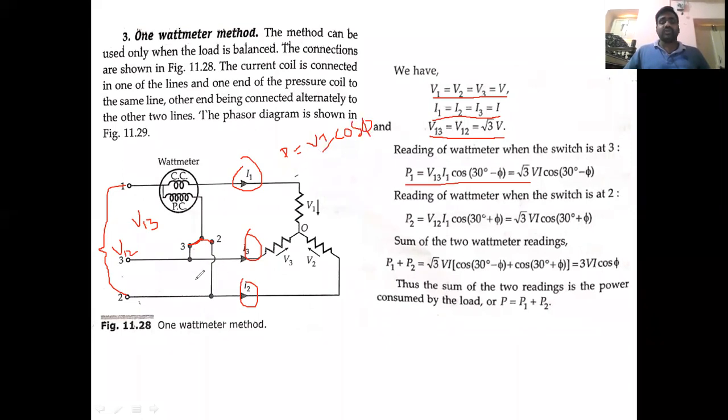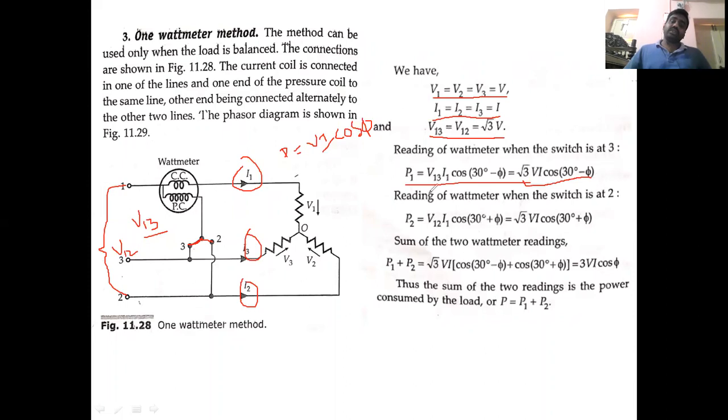Here V is V13 and I is I1, with cos of 30 minus phi. Since V13 is root 3 V and I1 is capital I, P1 is equal to root 3 VI cos of 30 minus phi.